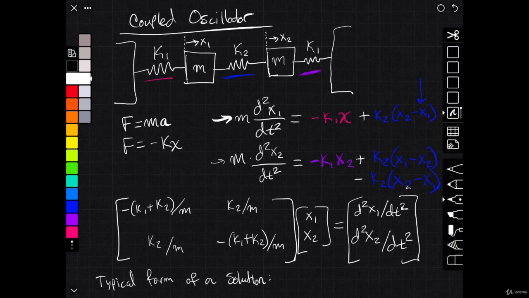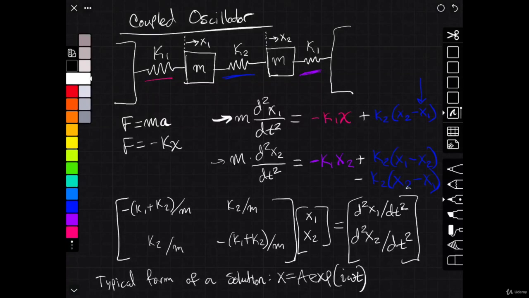You can essentially say that a general form of this solution is equal to a times the exponential of i omega t. And you can convince yourself of this by simply substituting this x for these terms here.